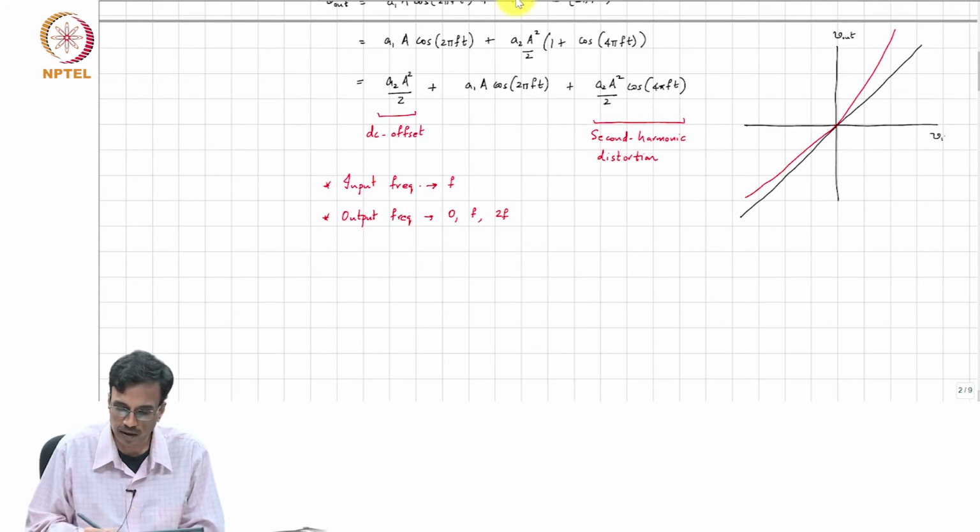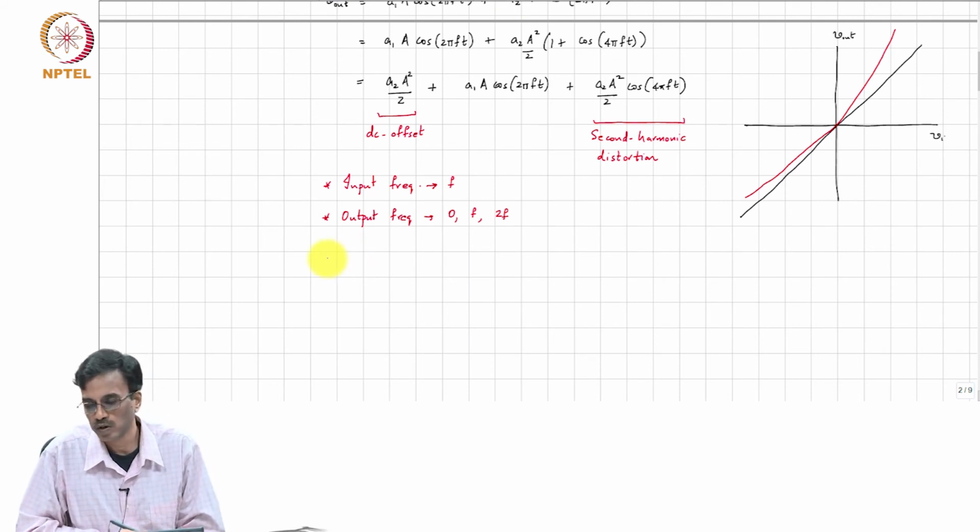So, the next thing is how do you quantify how linear or nonlinear the amplifier is.